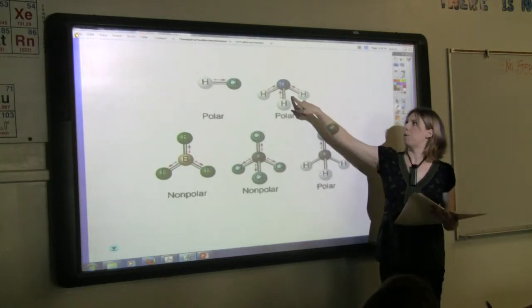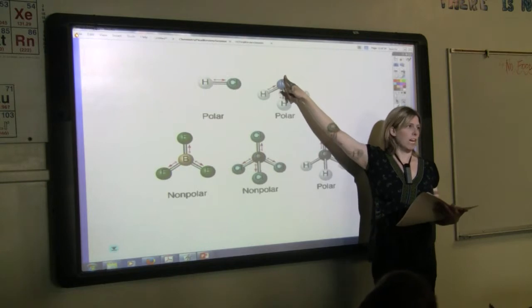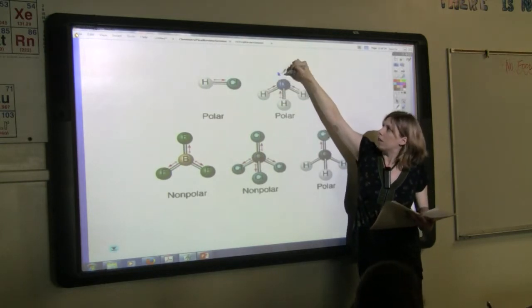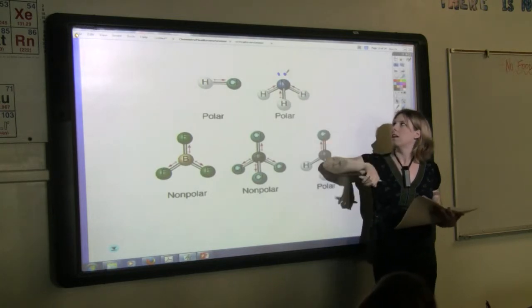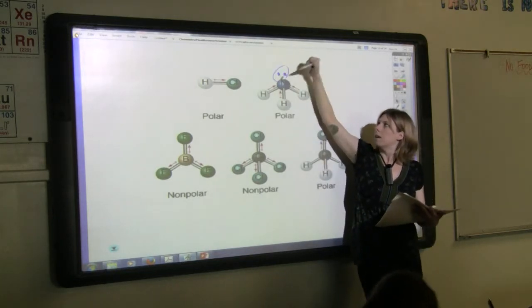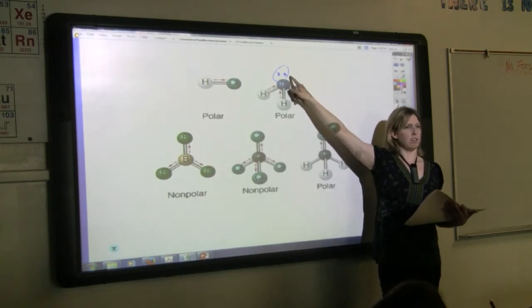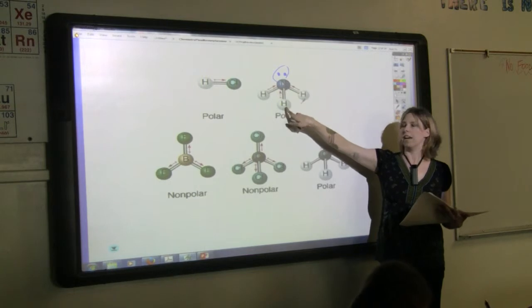Alright, this is polar because ammonia actually has a lone pair up here. So if you did the valence electrons or the Lewis dot, there'd actually be a lone pair up there. So there's more electrons on one side than the hydrogen.